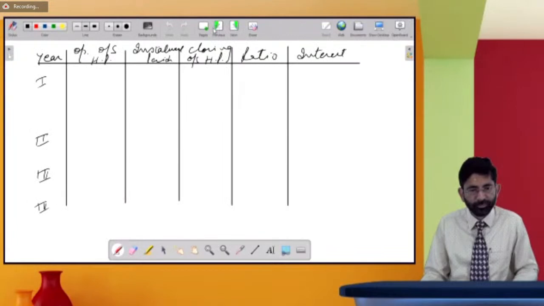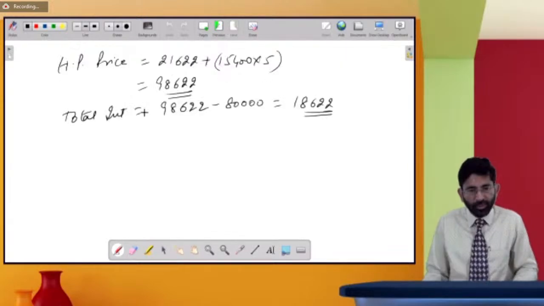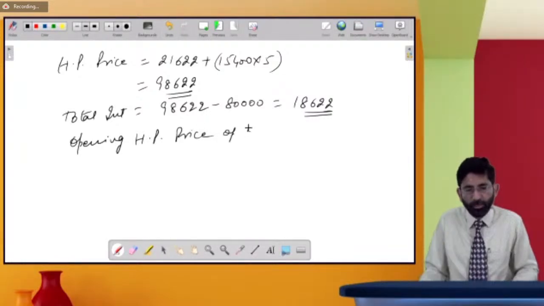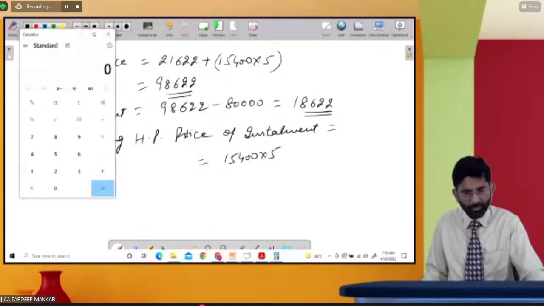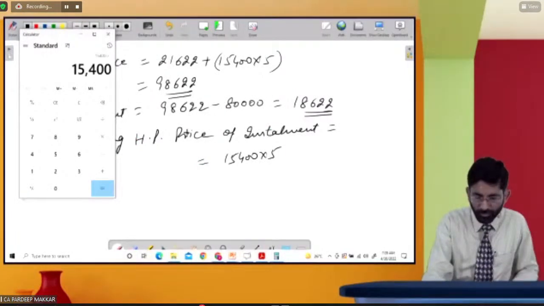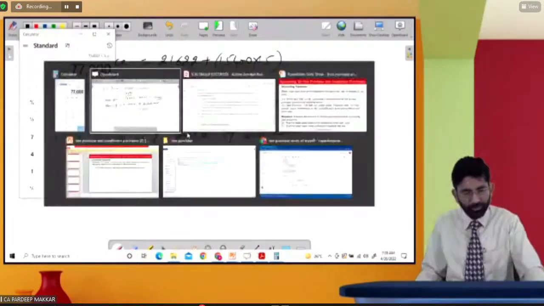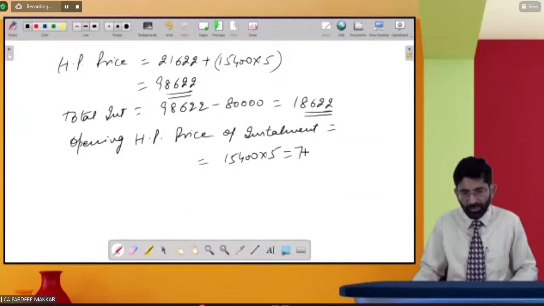So opening HP price is how much? Opening HP price of installments is very simple: 15,400 into 5, which is 77,000.